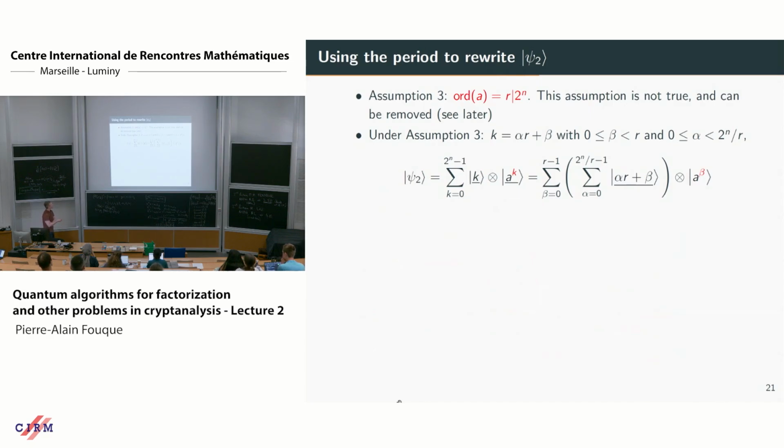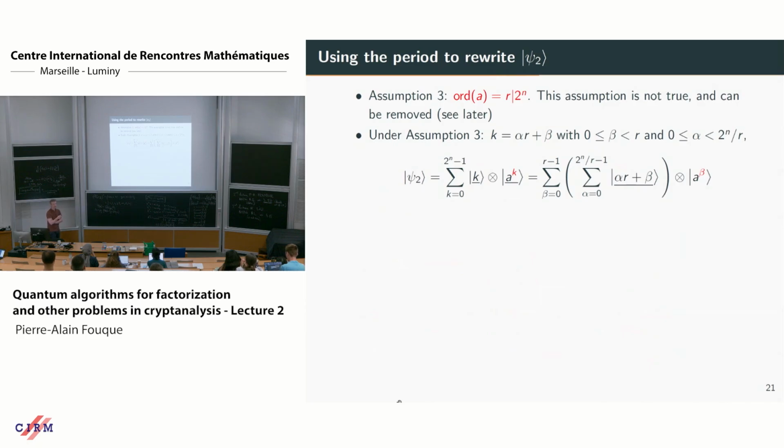This is the easy part. For each beta, I will have a lot of elements that map exactly to a to the beta. As this morning, where we had 2 different inputs that map to the same output, here it is exactly the same, except that we have a lot of different values and not 2.